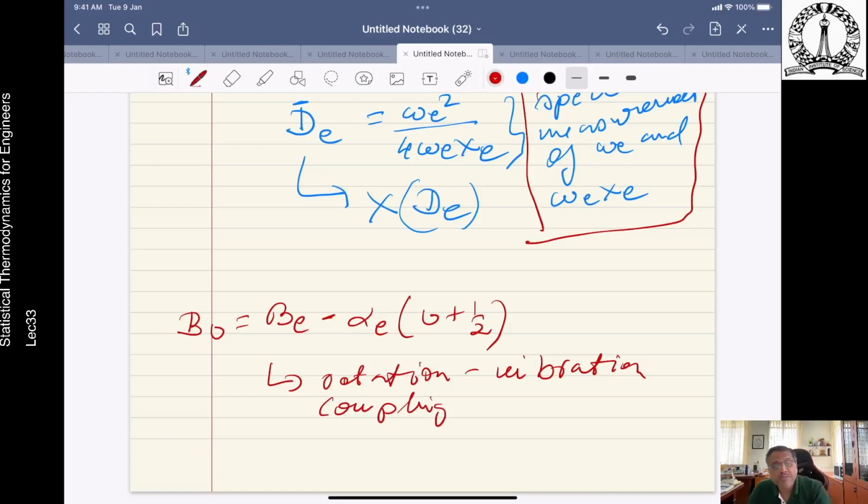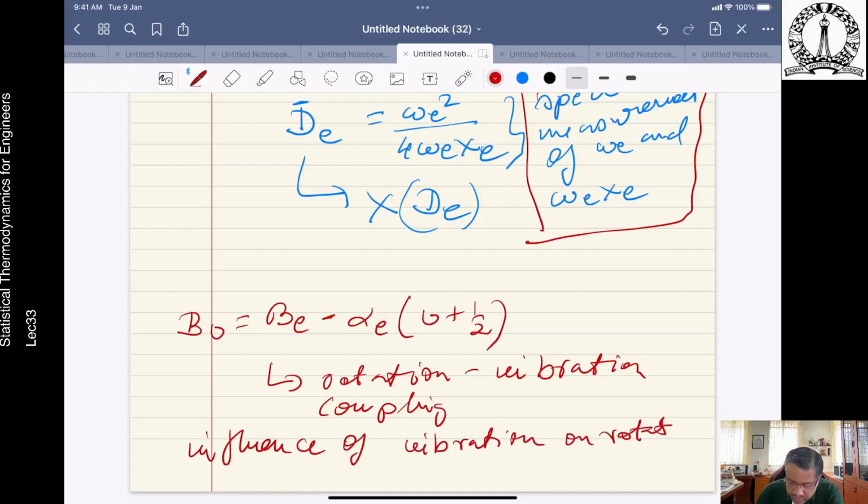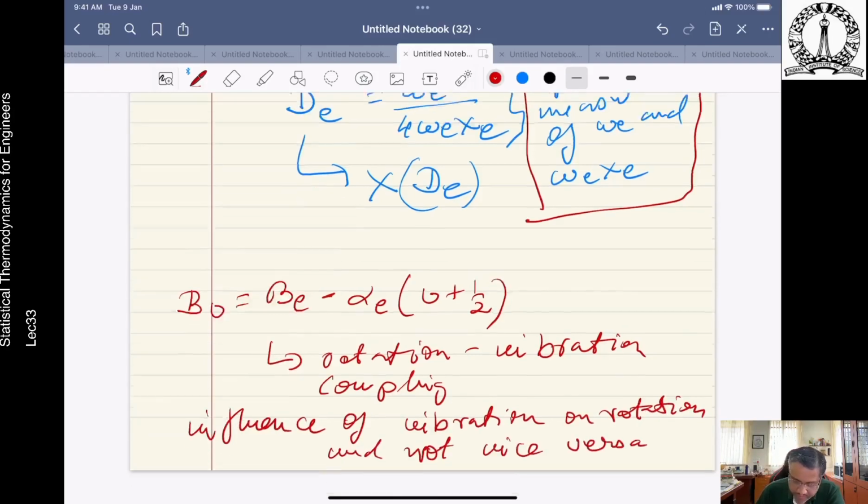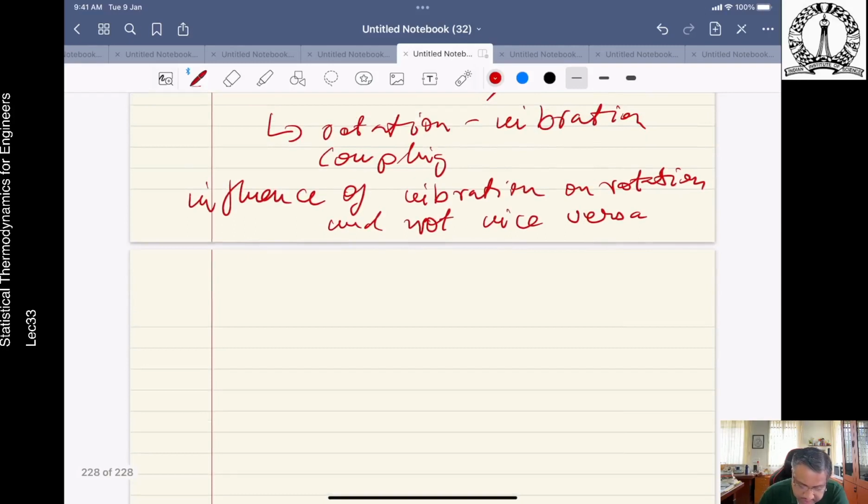Here the coupling comes from the influence of vibration and rotation. So it is basically the one-way influence of vibration on rotation, and not vice versa. In other words, this essentially translates to a one-way coupling.